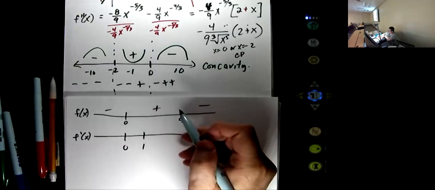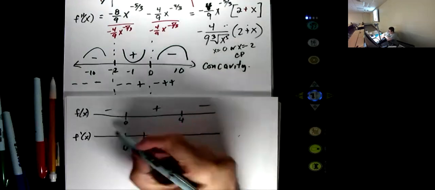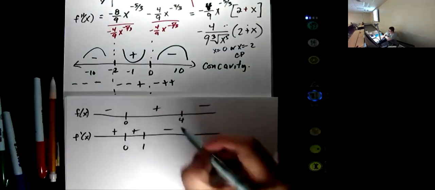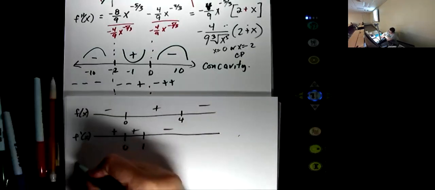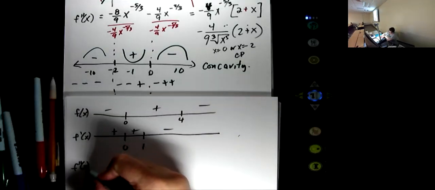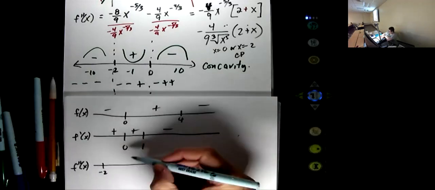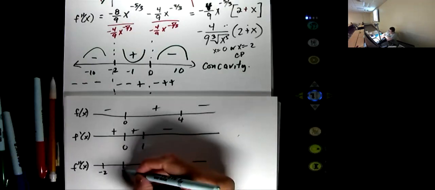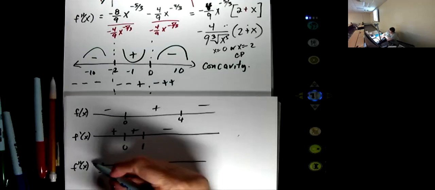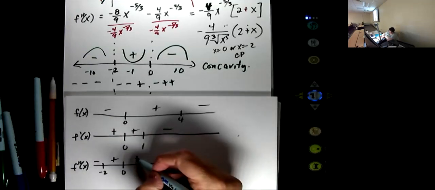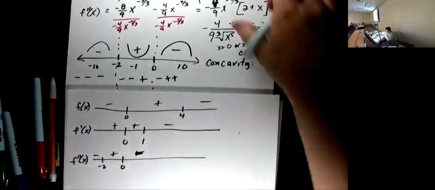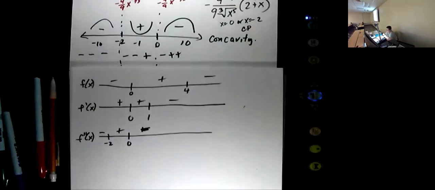And it was positive, positive, negative. And F double prime, we had -2 and 0. And it was negative, positive, negative. I guess I didn't line those signs up very well.